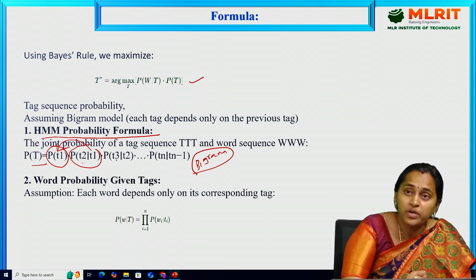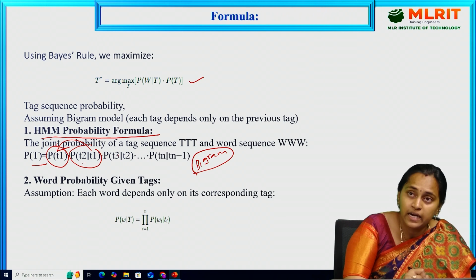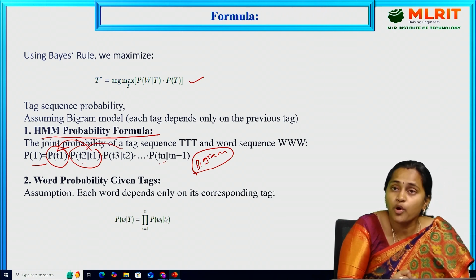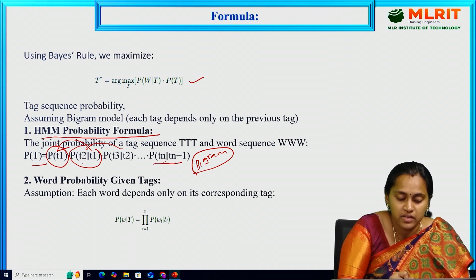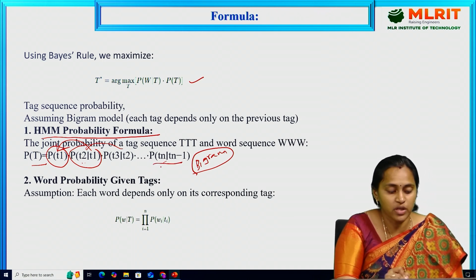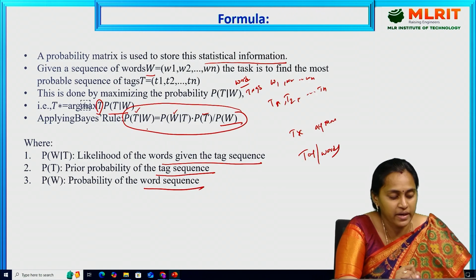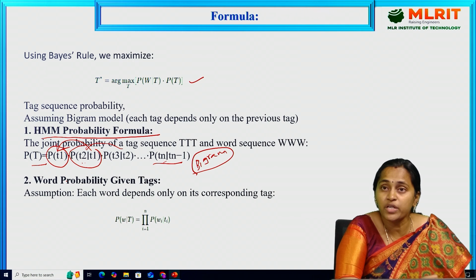P(T3 given T2), where T3 is the current tag and T2 is the previous tag, and so on up to P(Tn given Tn minus 1). This is one formula to find the probability of T. Here we have to find the probability of T given W, and I am finding the probability of T.